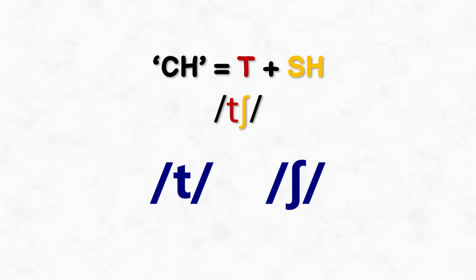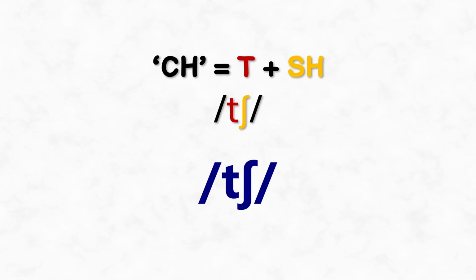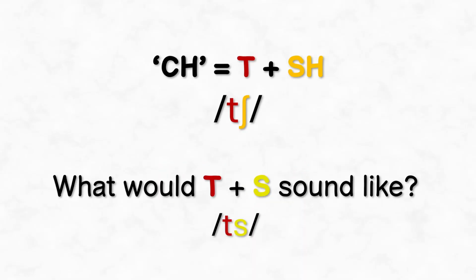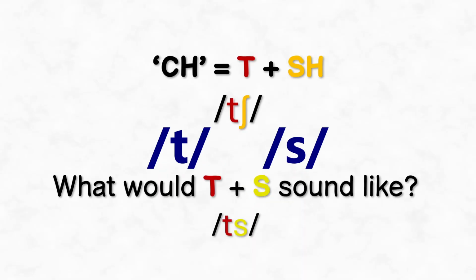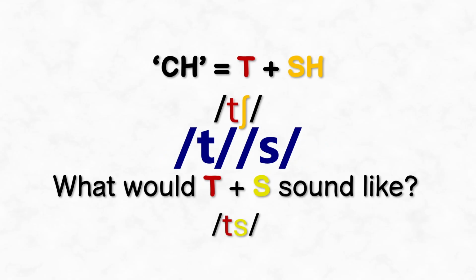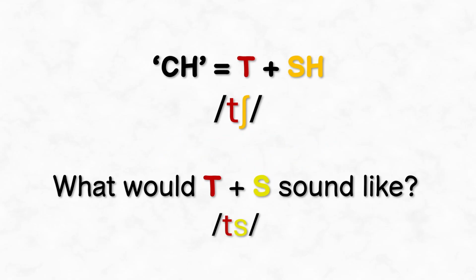Tsha, tsha, ch. But remember how I said Cantonese has no sh sound? So what if it was T and S instead? Tsa, tsa, ta. Hear that? Ta. Also, one thing to clarify, just like our previous letters, this needs to be aspirated, which was already what I was doing anyways.